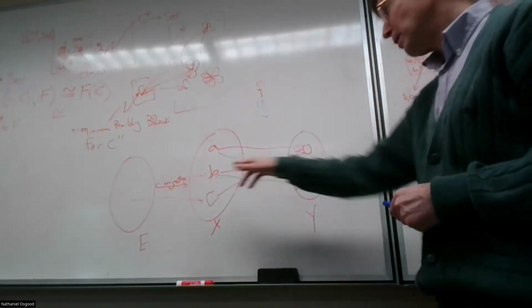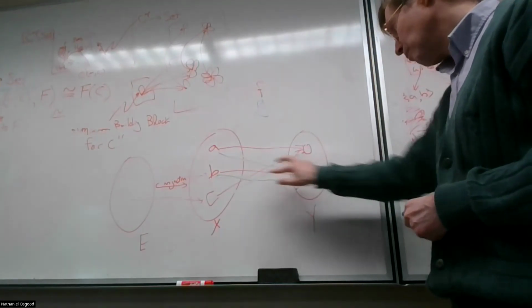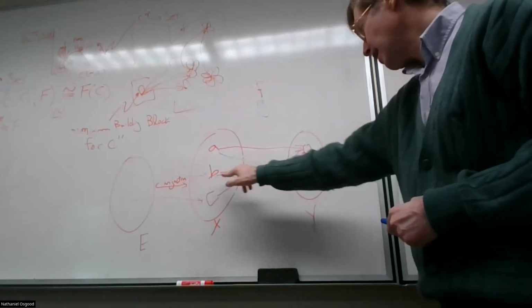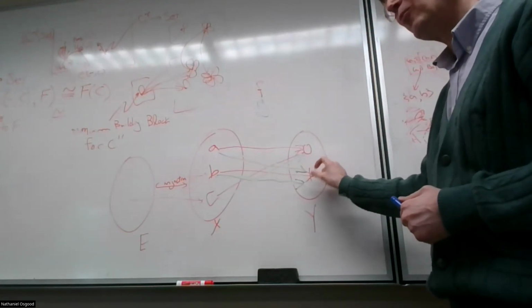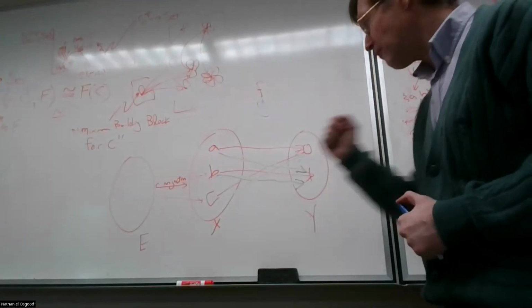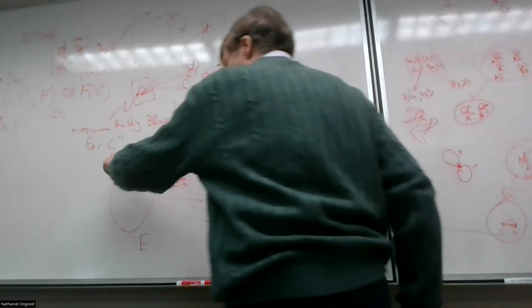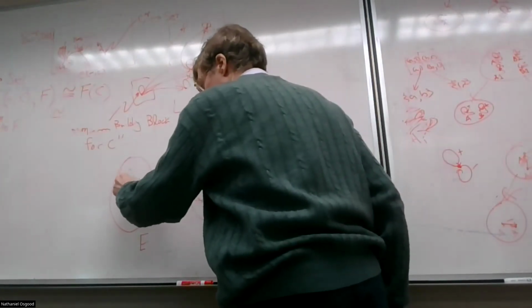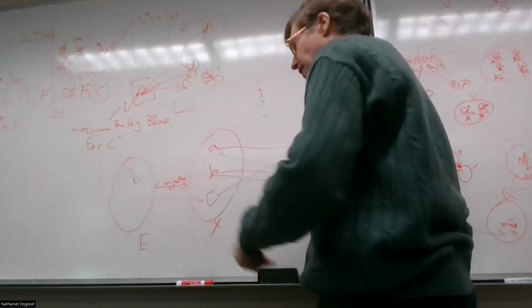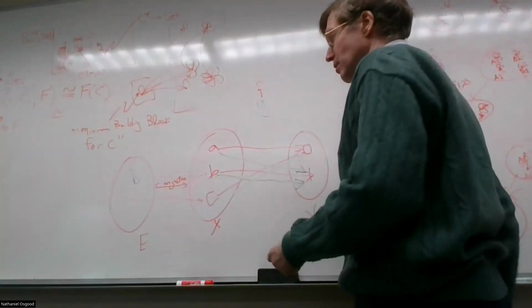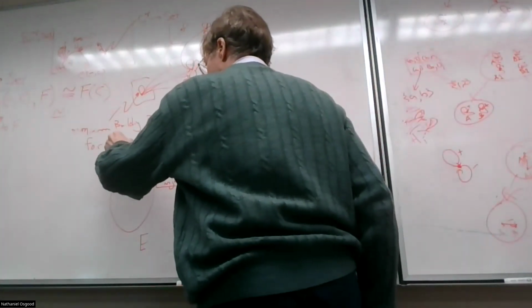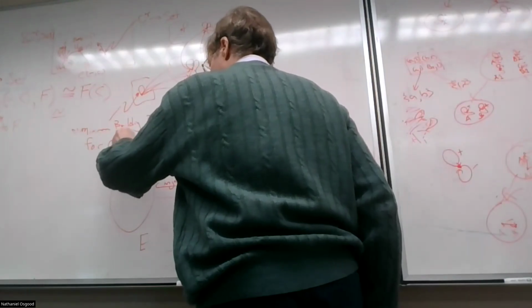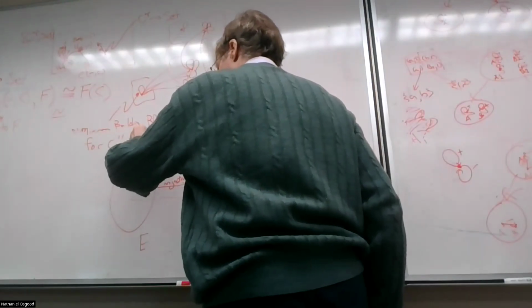B and C. B is mapped in both cases, by the red and by the black, to 1. So F and G agree there. So B is in our equalizer set. That set of equalizers, which we might call the equalizer of F and G.